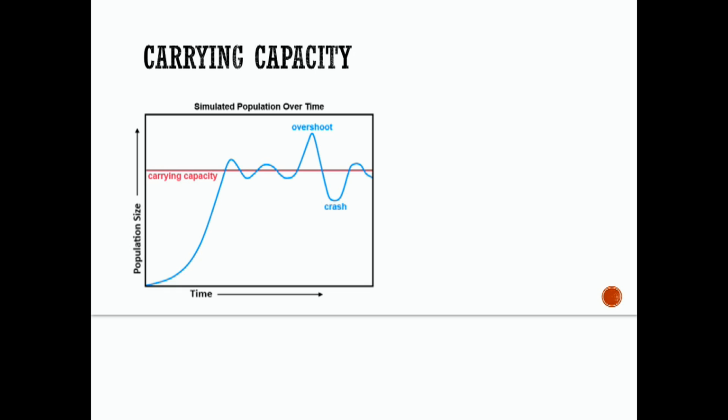Okay, so I mentioned something called carrying capacity. All right, populations of organisms cannot grow indefinitely. They are limited by factors in their specific environment. Maybe it's food, maybe it's water, maybe it's space. So the carrying capacity is the max number of individuals of a population that that particular environment can support over a period of time.